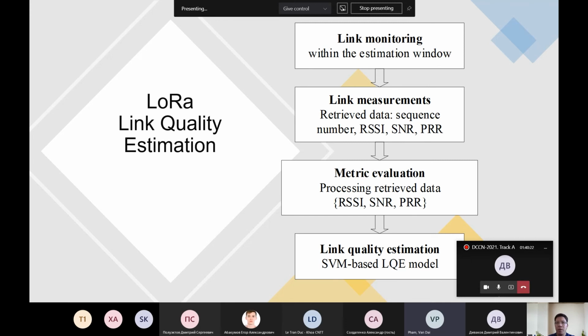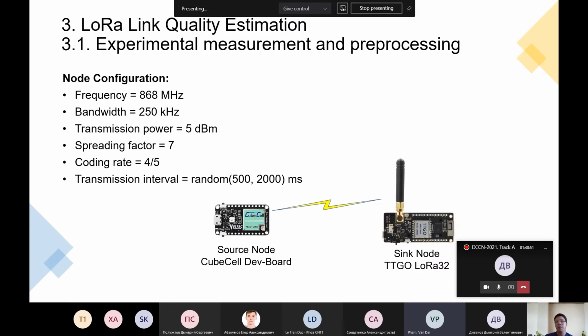Then the link quality estimation model processes the received data to give a link quality score. In this case, we propose a link quality estimation based on support vector machine, which is one of the popular machine learning techniques to classify data. The data set used for training is obtained from a practical experiment.